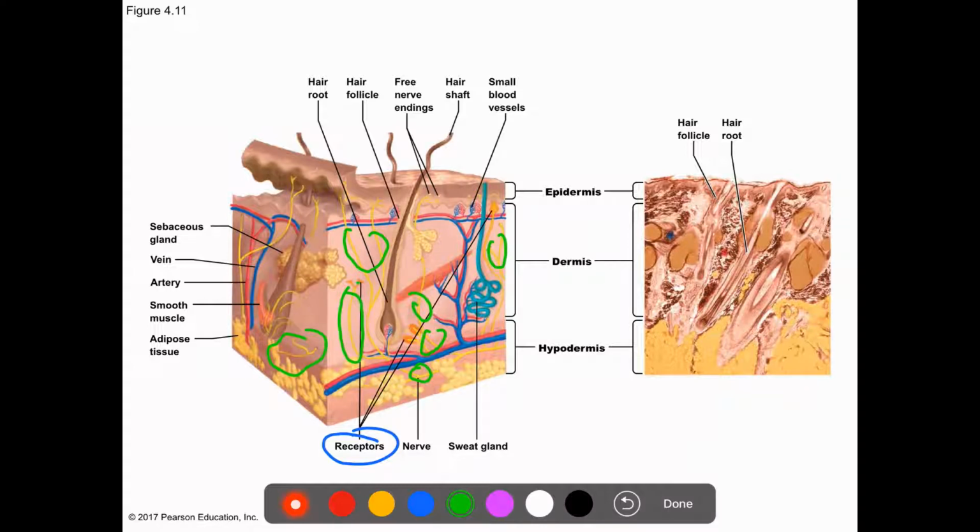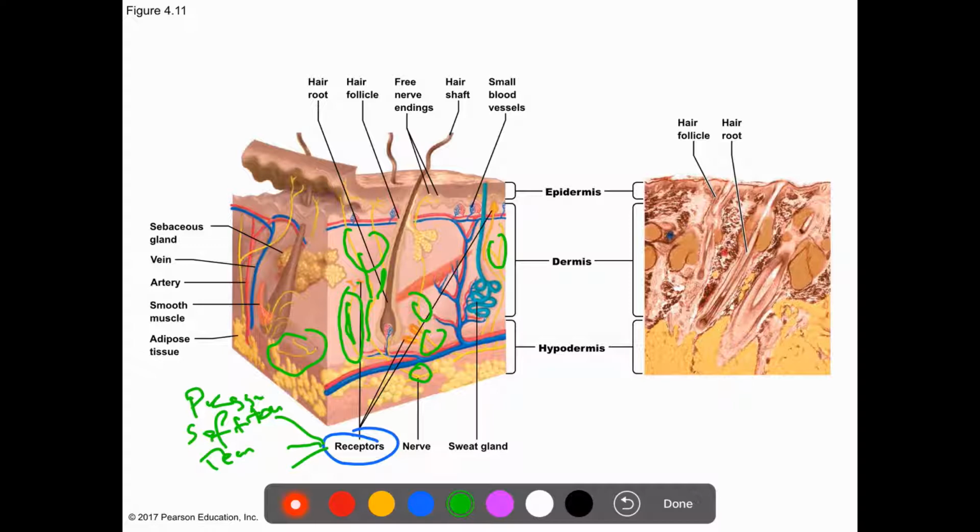These receptors are responsible for sensing different things like pressure, soft touch, temperature, and so on. And these, of course, are part of the nervous system, and they are connected to these nerves, which are going to take the impulses to the command center.